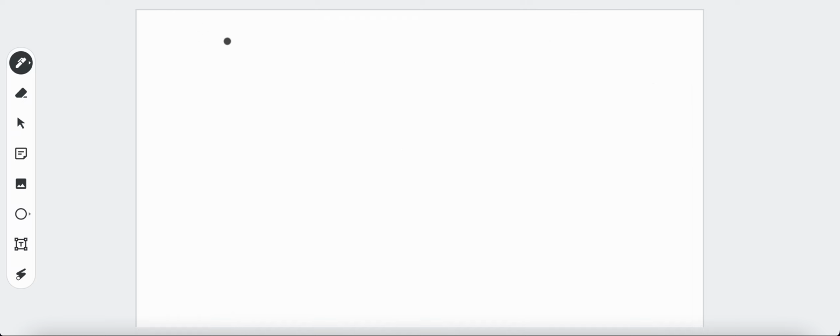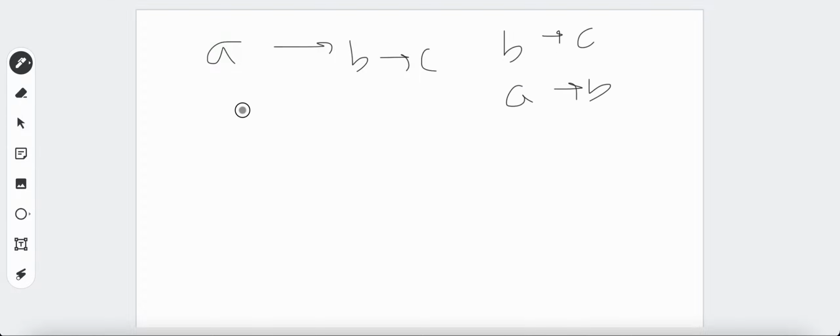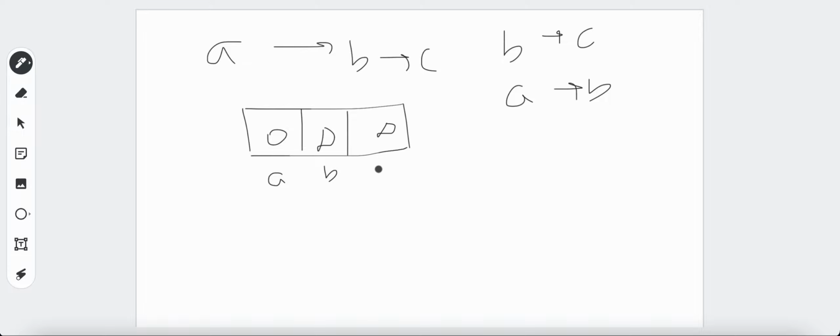Consider a simple graph A to B to C, with adjacency A to B and B to C, and our distance array will be 0 for A, infinity for B, infinity for C. So we need n-1 steps. Here there are 3 nodes, so there must be 2 relaxation steps. This will confirm that all the values inside the distance array get updated.